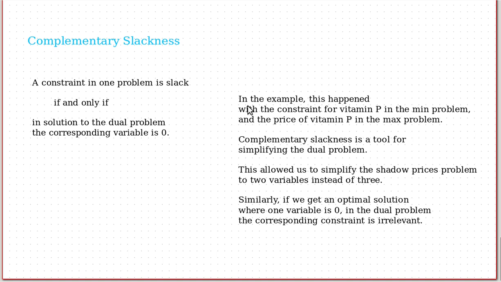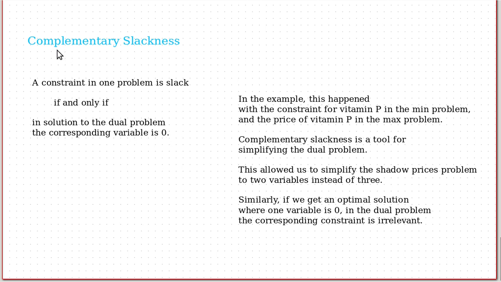So the way to generalize it is that if in one problem one of the constraints is slack, that the constraint actually is a strict inequality, the two sides are not equal, then, and only then, the corresponding variable in the dual problem will be 0 in the optimal solution. Right?